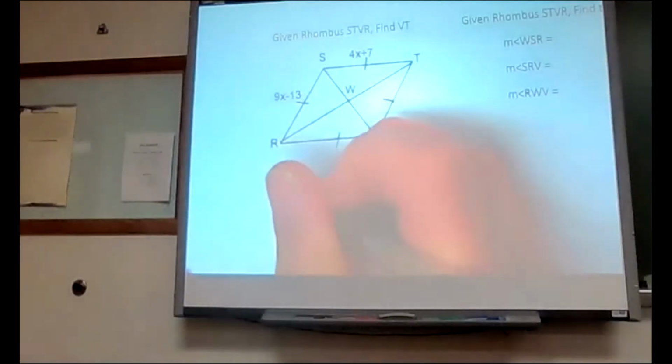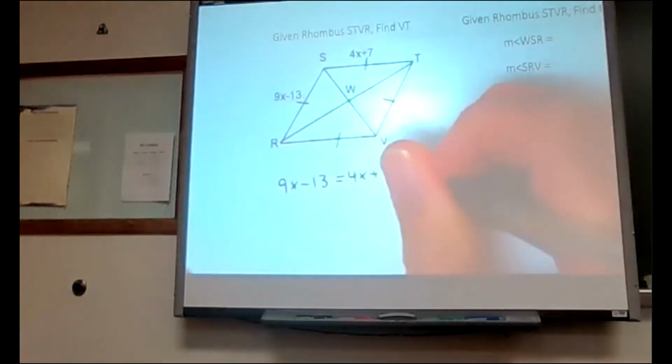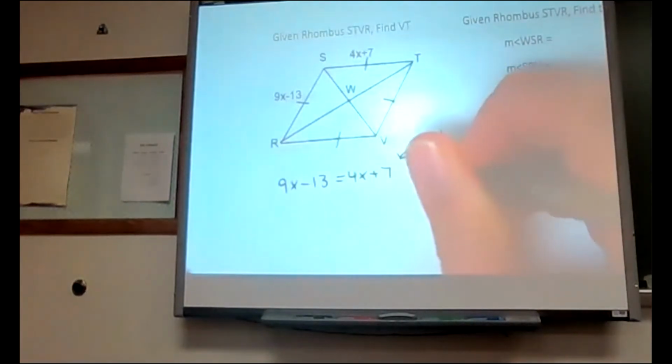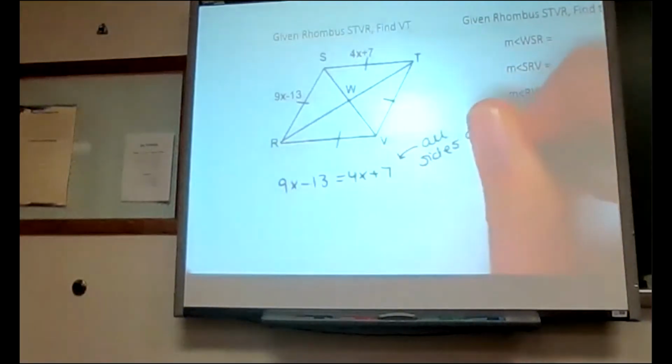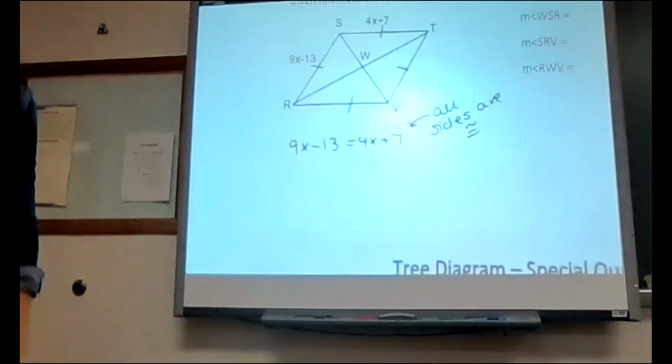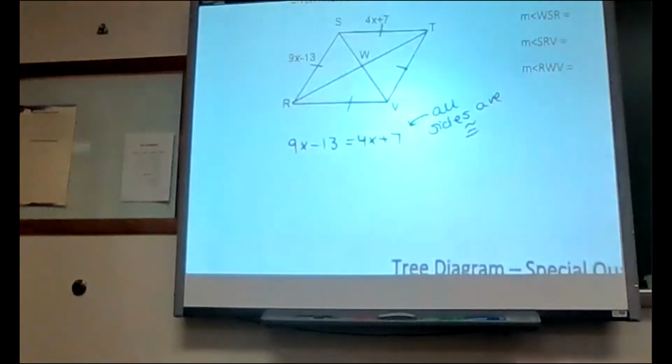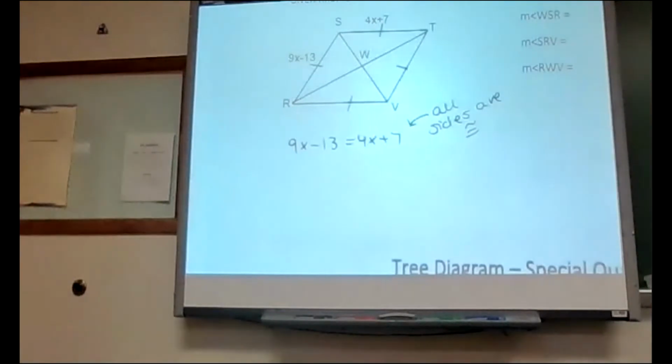So 9x minus 13 equals 4x plus 7. I'm just going to write a note: the reason I know that is all sides are congruent. Okay, because remember, we'll have notes again on this assessment. And I think this is probably the hardest one out of the last few units in terms of keeping properties straight.